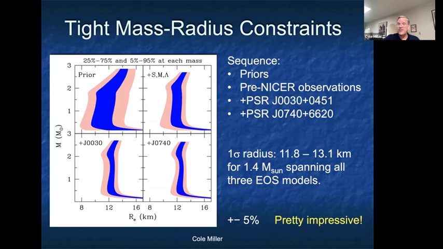This is rather impressive. It's a real testament to the work of everybody in the field, not just the NICER people, but the radio observers, the people who have done the gravitational wave analyses, to be able to go in basically a decade from throwing our hands up, not knowing what we can say astronomically, to having some remarkably tight constraints.